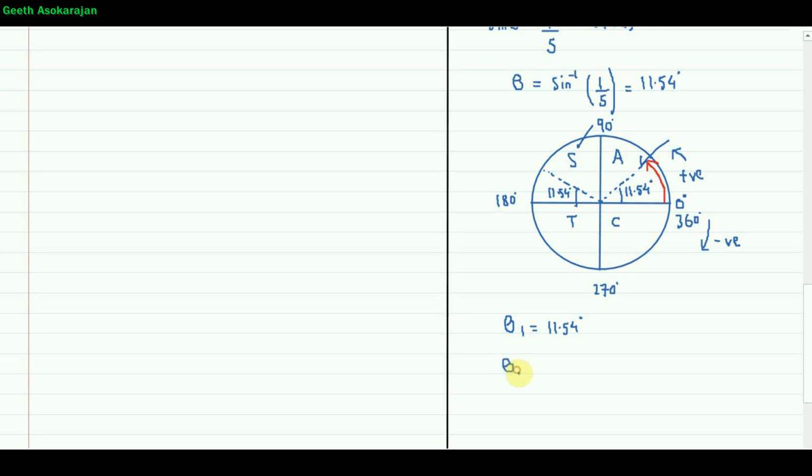Now we can calculate another one. So another one, which I'm calling theta 2, will be, and if I take a green pen, from the 0 degree line in the anti-clockwise direction until we strike that second line on our diagram.